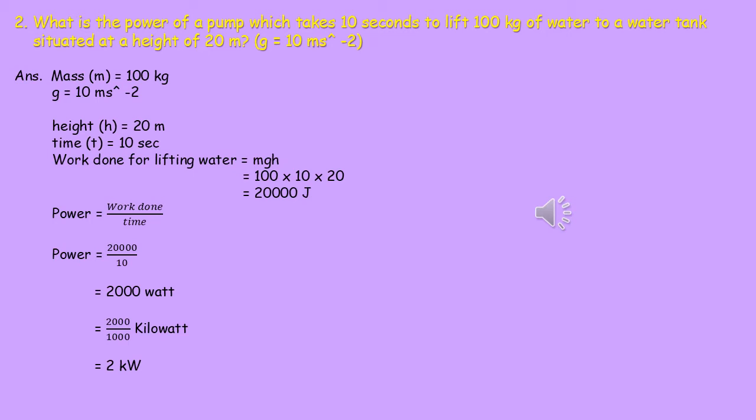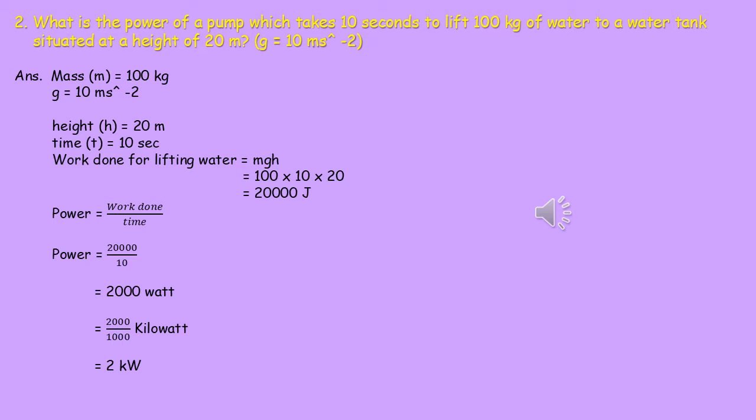Question number 2. What is the power of a pump which takes 10 seconds to lift 100 kg of water to a water tank situated at a height of 20 meter? Here, the acceleration due to gravity, small g, is given as 10 meter per second square.